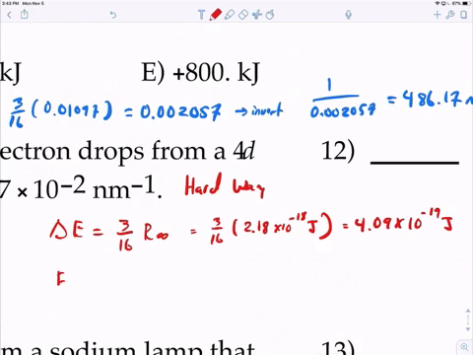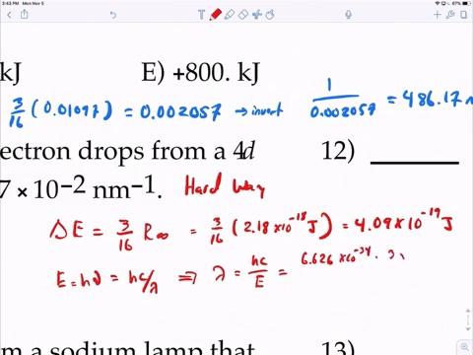And E equals h nu equals hc over lambda, which implies lambda is hc over E, which is 6.626 times 10 to the minus 34 times 3 times 10 to the 8th, all over 4.09 times 10 to the minus 19.